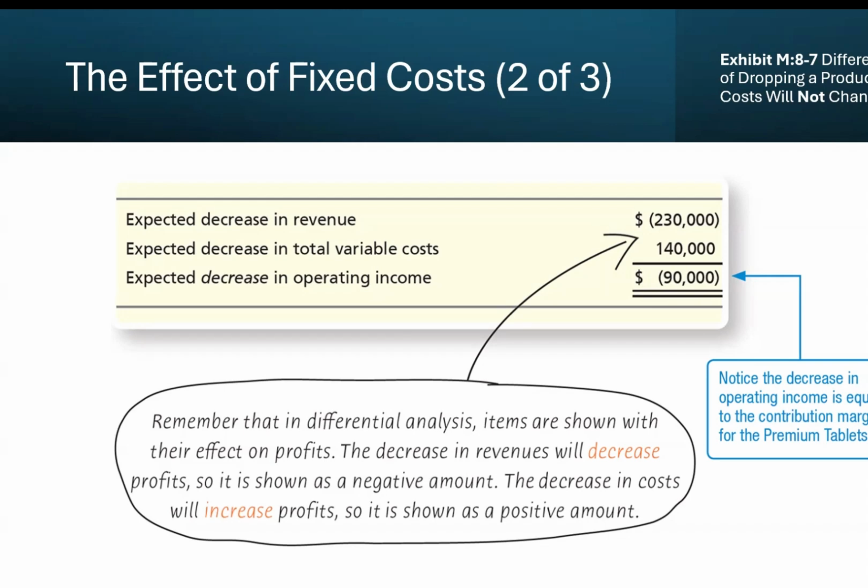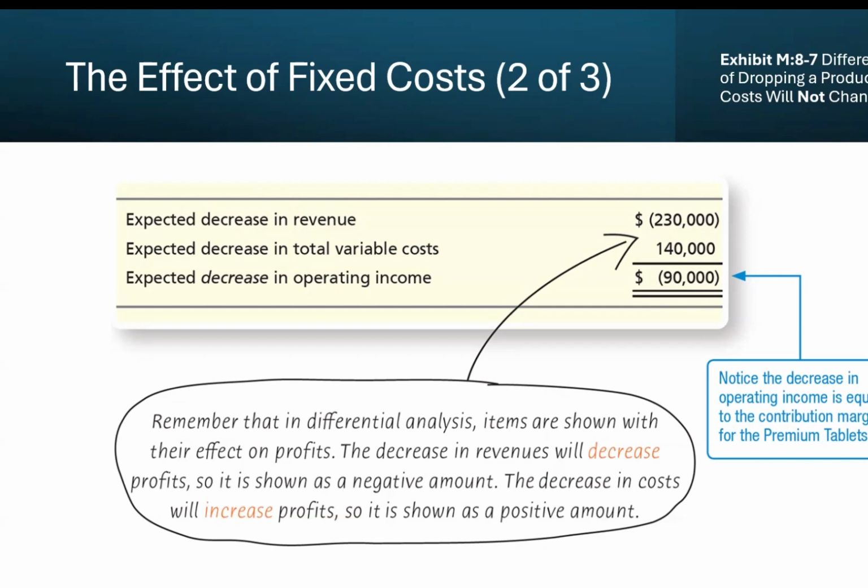If Smart Touch Learning drops the premium tablet, revenue will decrease by $230,000, but variable expenses will decrease by only $140,000, resulting in a net $90,000 decrease in operating income. Since fixed costs are unaffected, they are excluded from the analysis.